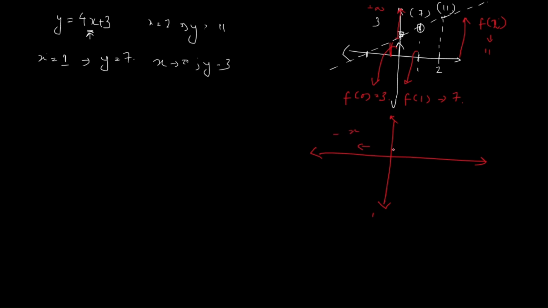So here the range of the whole function will be from 3 till positive infinity, because the graph intersects at the minimum value, that is, x equals 0 or greater, at 3. So the range will be from 3 till positive infinity, and the domain will be 0 to positive infinity.